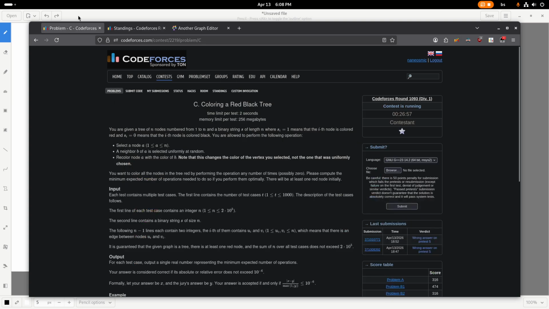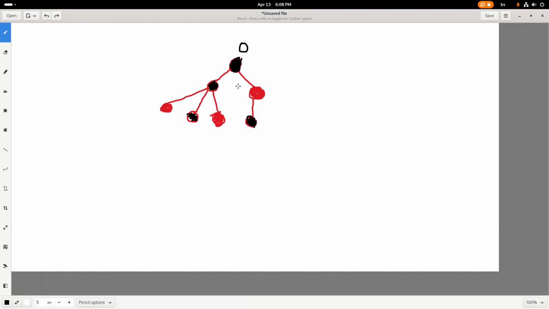I mean, I'm almost certain the solution is something like dynamic programming, where each node is the solution to its subtree, and then maybe I need 2 dynamic programmings.